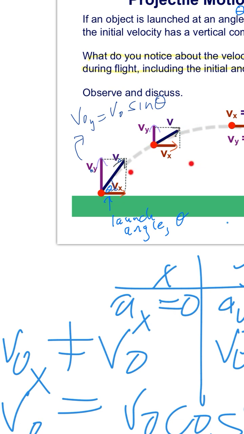At the very top, VY is 0, and VX is equal to VOX, like we said before.